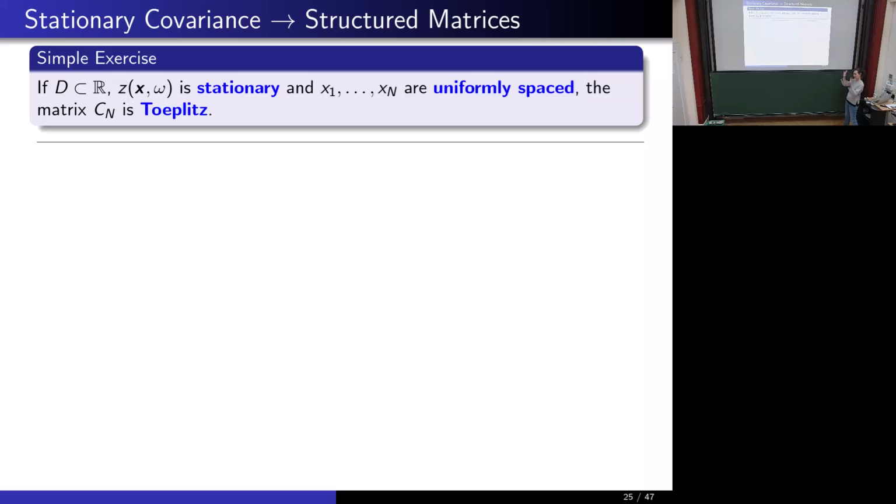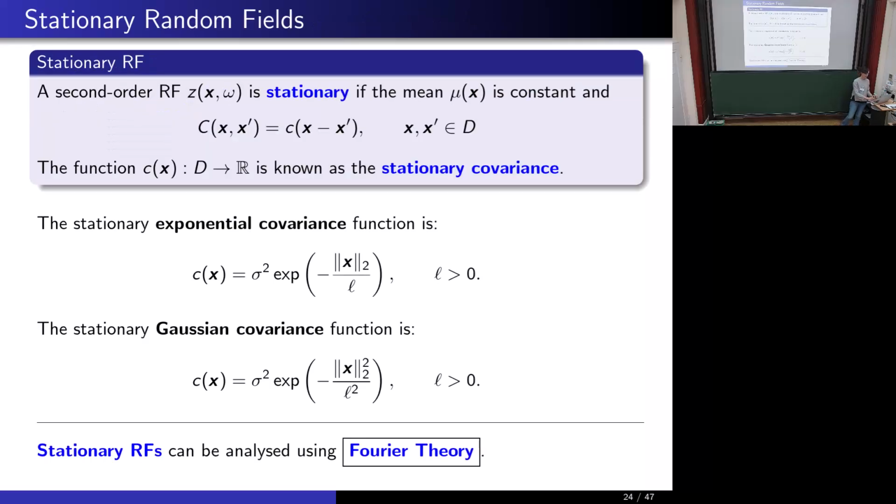I'm just going to illustrate that in a very broad way. Here's a very simple exercise you could try. Let's say our domain is just one-dimensional, and I have a stationary random field. By that I mean my mean is constant, and my covariance function is just a function of the difference between the two points.